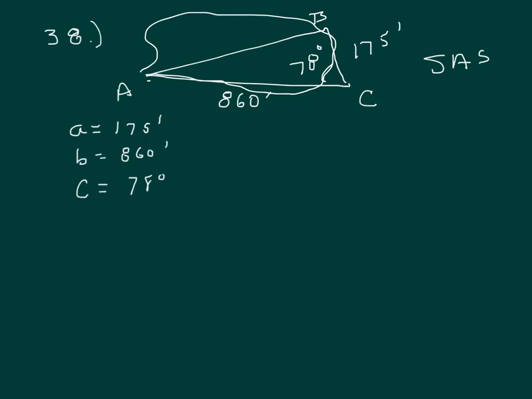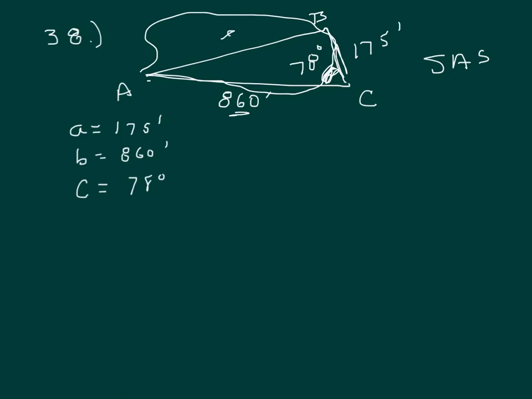With the notation I've used of A, B, and C, we have A 175 feet, B 860 feet, and C 78 degrees. And we notice that this is a side-angle-side triangle.